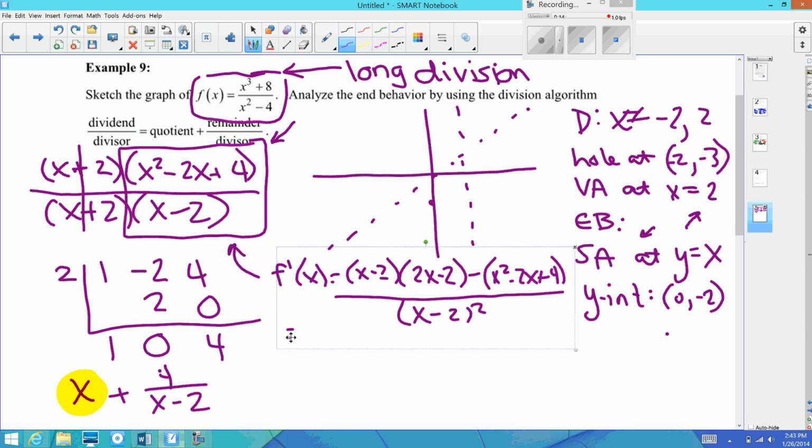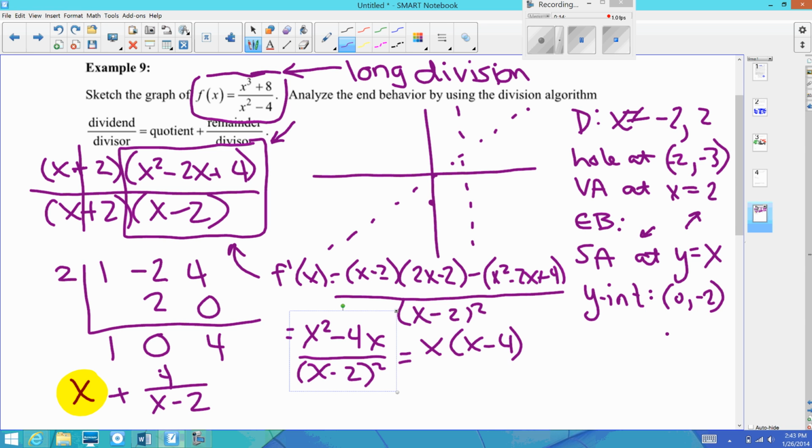Okay, multiplying that out. I'm going to multiply and simplify in one step. If you need help doing that, just let me know. You should end up with x squared minus 4x over x minus 2 quantity squared. And if I wanted to have that in factored form, okay, it would look like this.